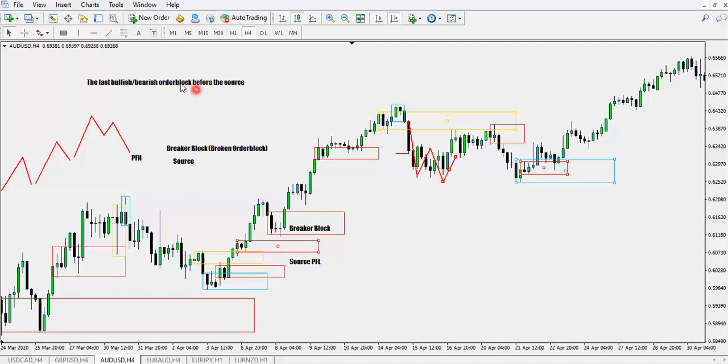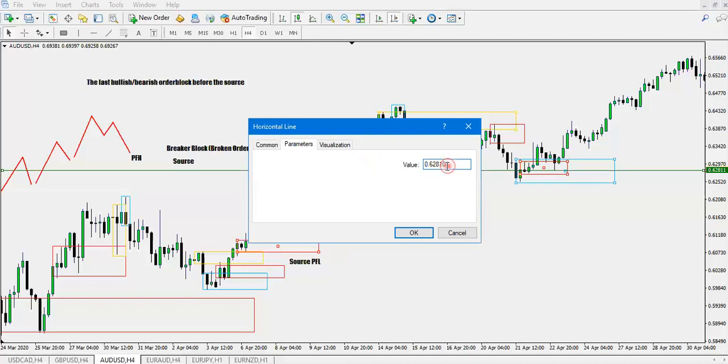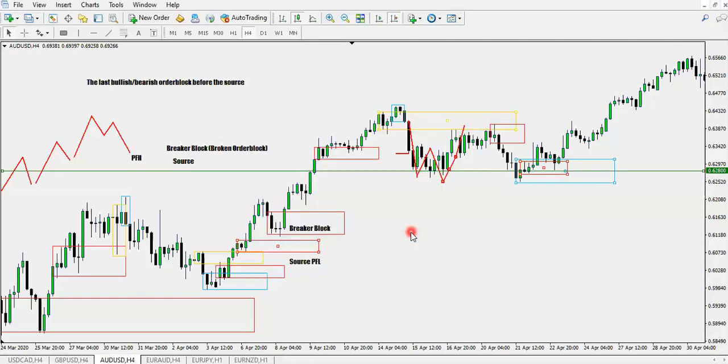Okay, so in the previous videos I showed you that the market makers like to take certain price levels, like the institutional price levels. If we put our institutional price level over here, you will notice that this is an 800 institutional level.